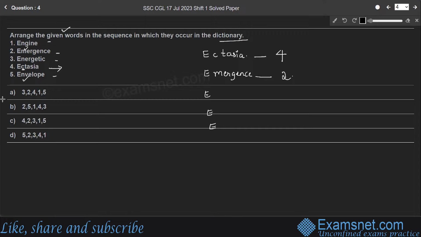And the remaining 3 words, in each word the second letter is N, right? Therefore, the order depends on the third letter.